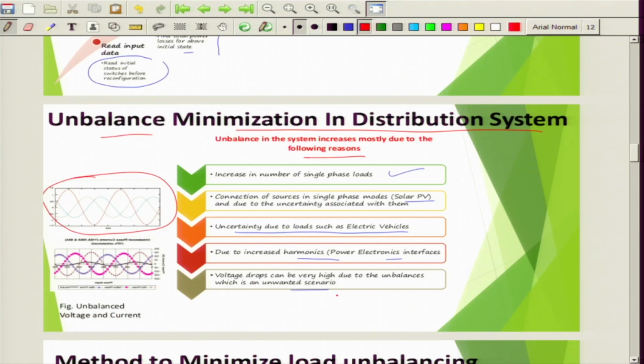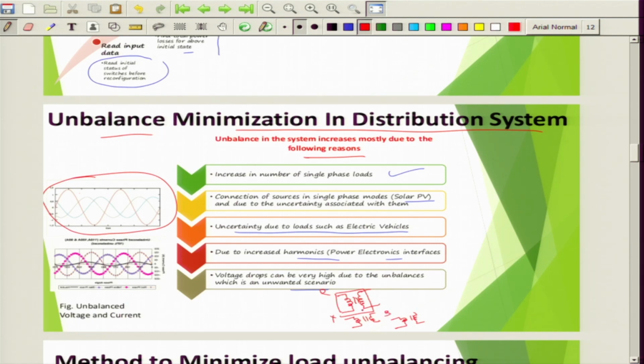Let us say this is a distribution transformer, and for ease of analysis I am just splitting it into three phases: R phase, Y phase and B phase.